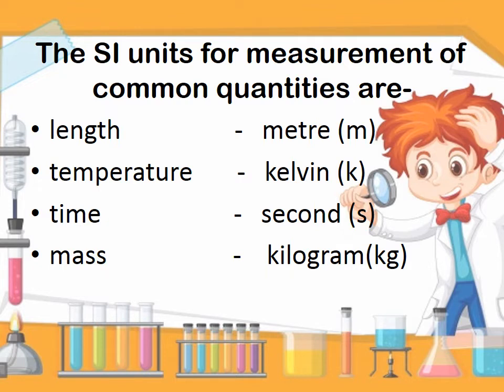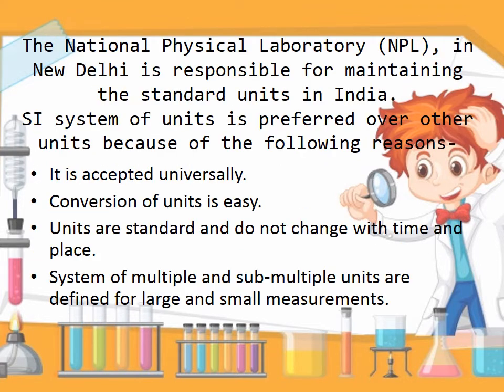The SI units for measurement of common quantities are: for length, meter; for temperature, Kelvin; for time, second; for mass, kilogram. The National Physical Laboratory in New Delhi is responsible for maintaining the standard units in India.